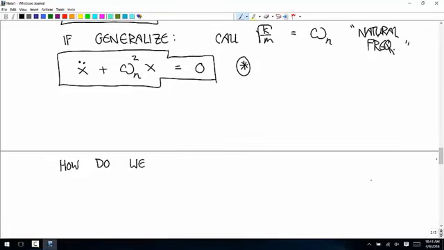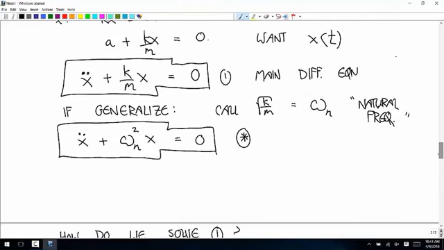So how do we solve equation 1? Well, one thing about differential equations is the hard part is coming up with the form of the solution. And so a perfectly valid way to solve any kind of differential equations is to just guess what the form is going to be. And if you're lucky and you guess right, you did it.